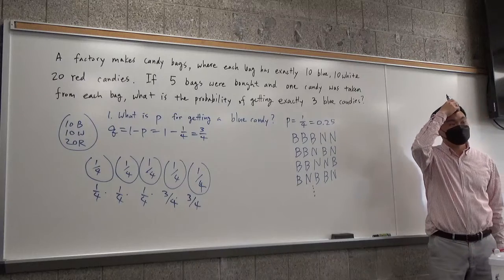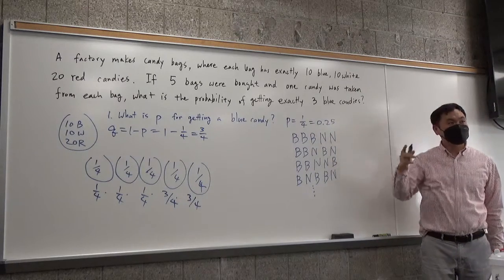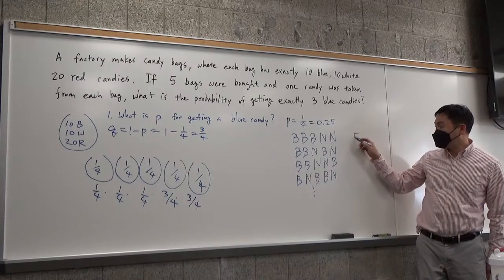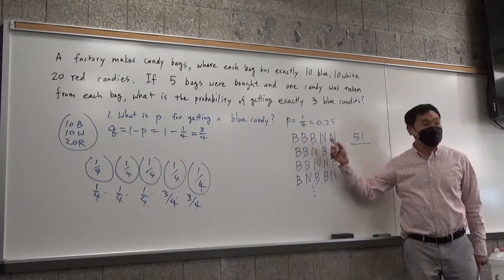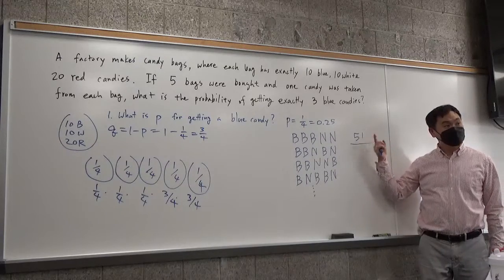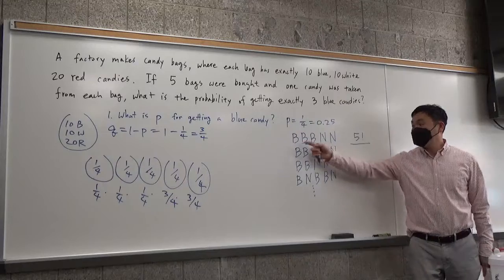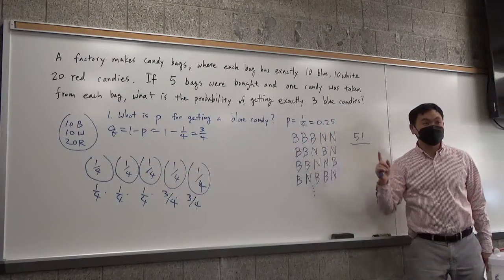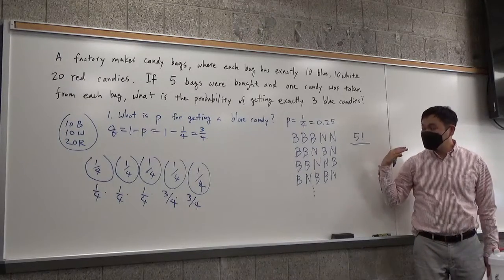Yes? Wouldn't you do 5 factorial divided by 3 factorial? That's exactly right. So you do 5 factorial because you have 5 items. To permute those, you need to think about 5 factorial. Right? However, there are 3 identical ones, so permutations of these don't get distinguished.